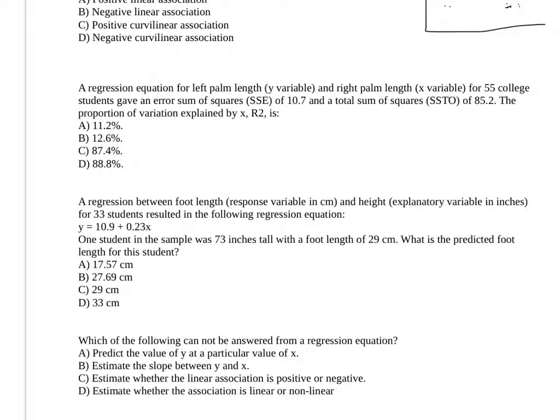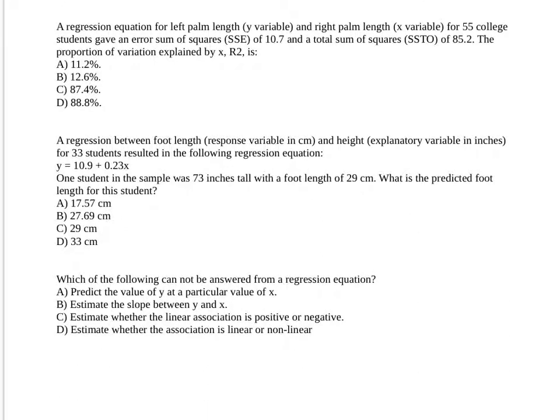Okay, enough of that. Let's move on to another way to find r squared. This has a regression equation for left palm length, which is our y variable, and right palm length, our x variable, for 55 college students, and gave an error sum of squares, SSE, remember this harkens back to the ANOVA table, of 10.5, and a total sum of squares of 85.2.